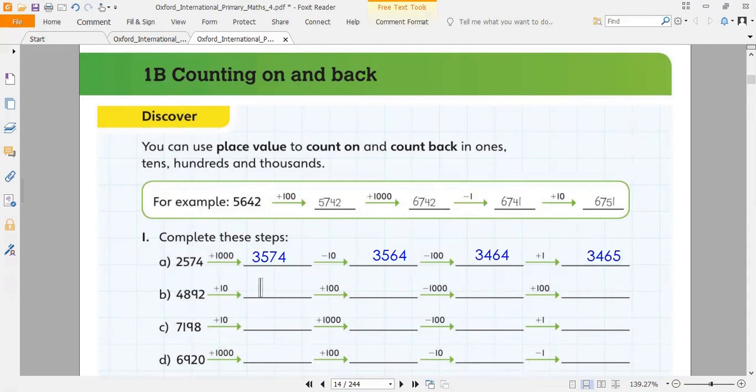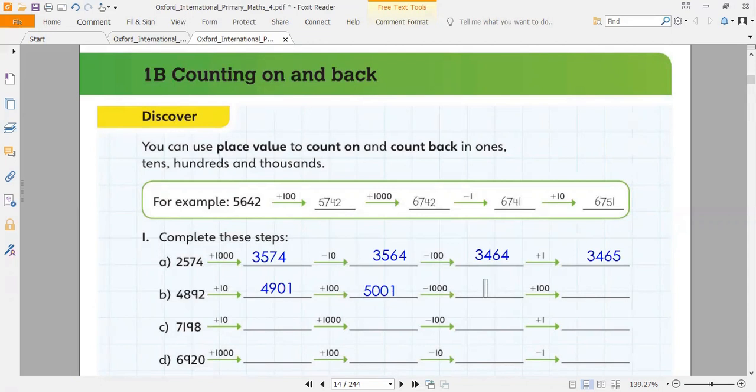Next will be 4,892 plus 10 is equal to 4,902. Next is plus 100, 5,001.